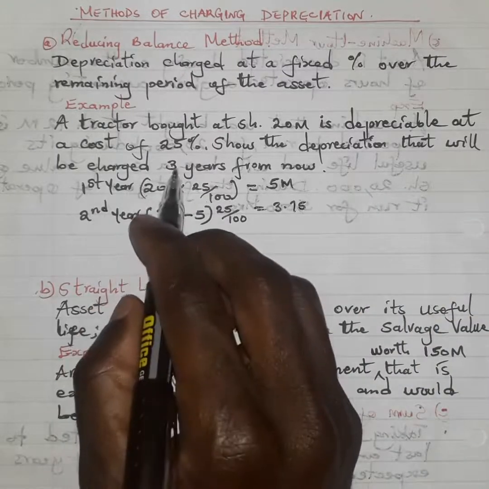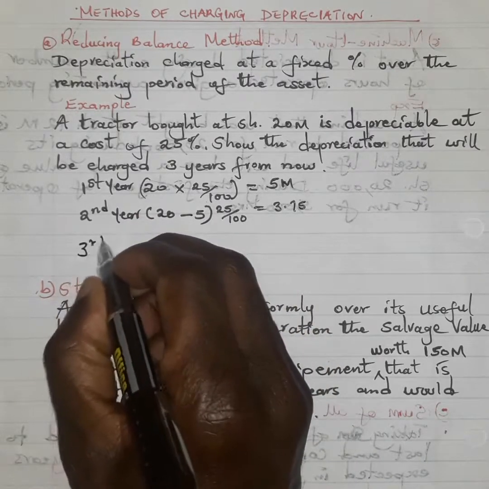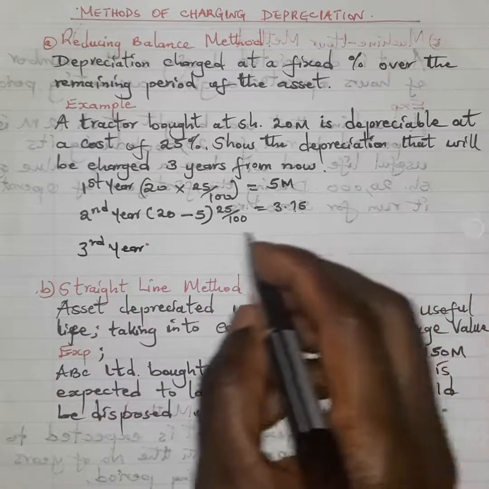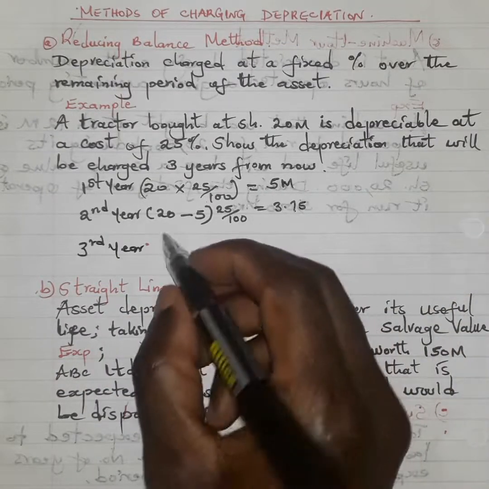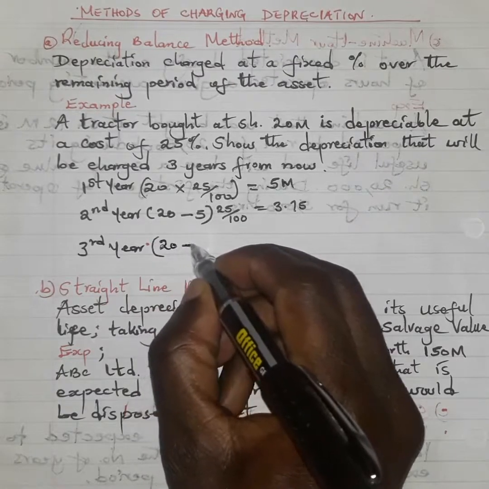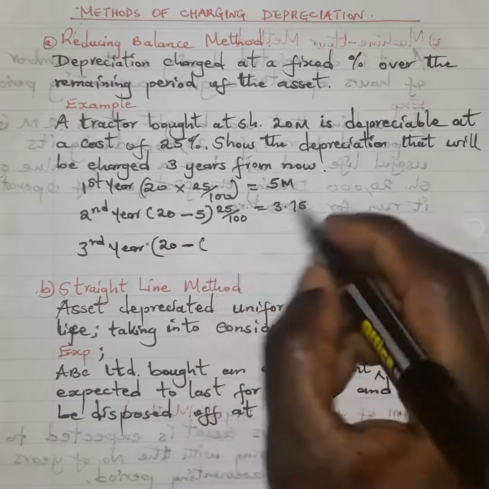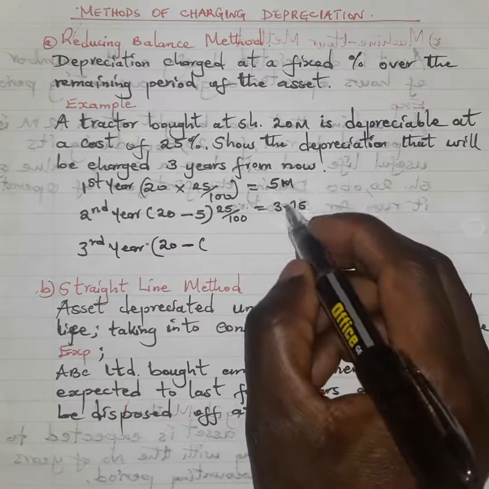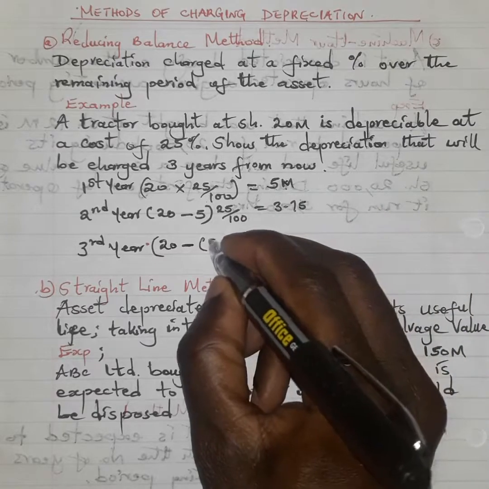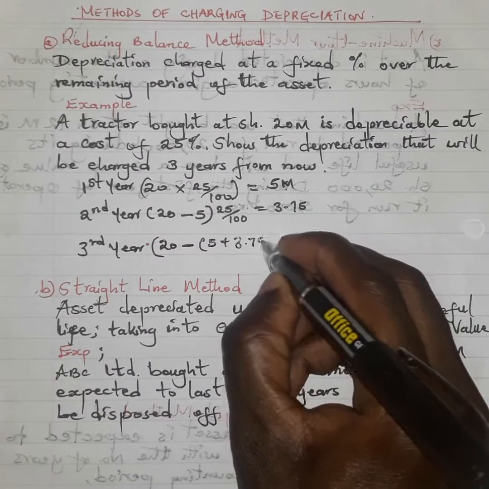But we're supposed to talk about 3 years, okay? So if we go to the third year, we are going to charge a value of 20 million minus the two values which have already been lost in the first 2 years, so minus 5 plus 3.75.